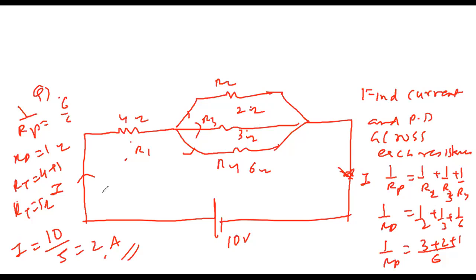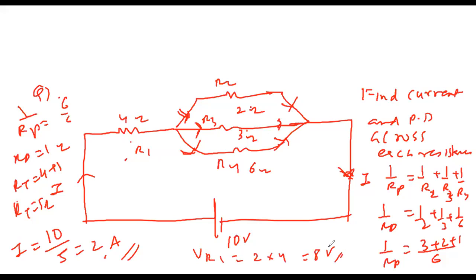We want current and voltage through each resistance. Sir, 8 and 2. 8 and 2. The voltage across R1 is 2 into 4, 8.